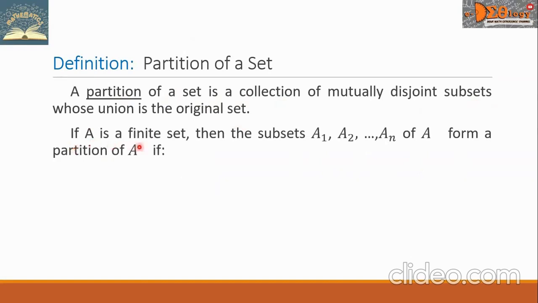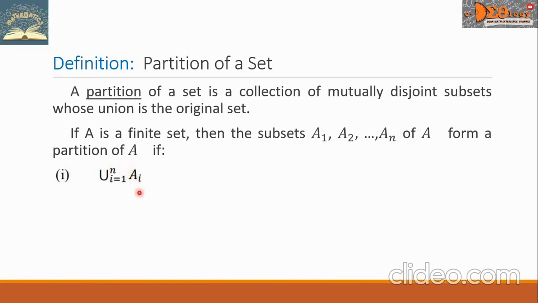If A is a finite set, then the subsets A sub 1, A sub 2, up to A sub n of set A form a partition of A if, number 1, the union of the sets A sub i, where i is equal to 1 up to n.